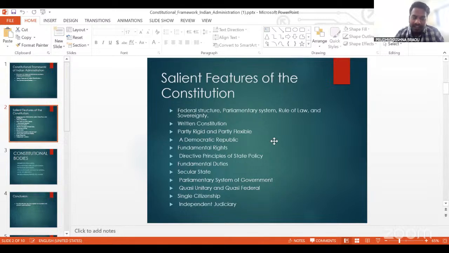The preamble. India has some objectives which are embodied in the preamble. The preamble to the constitution sets out the goals of the Indian Republic.